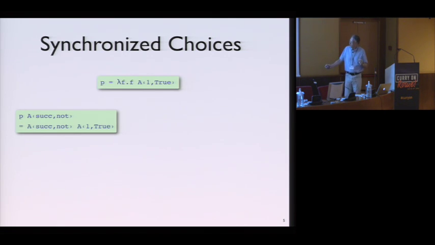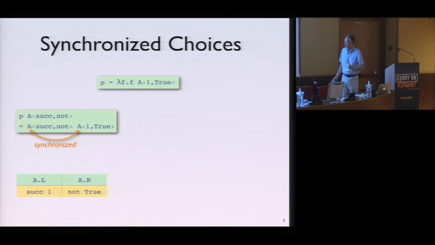So we arrive at this expression, and you can see that these two dimensions are the same and they are synchronized. That is, if we make a selection to the left or the right part, we only have two selections to make, and the left selection in this A will also trigger the left selection in this A, and we get the program successor applied to 1, and for the right selection we get not applied to true.